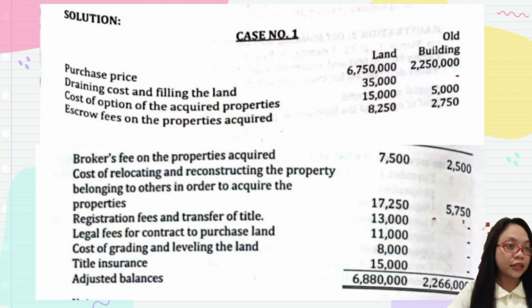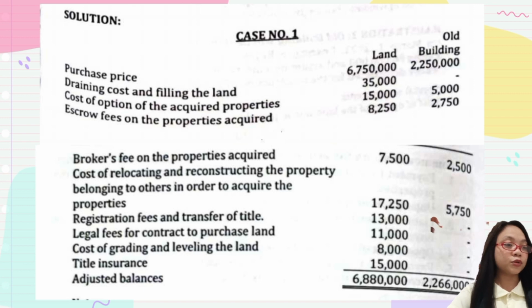So ang cost of relocating and reconstructing the property costing 23,000 and pag-allocate ana based sa ilang fair value is 75% of 23,000 which is 17,250, and then for the old building the 25% of 23,000 is 5,750.